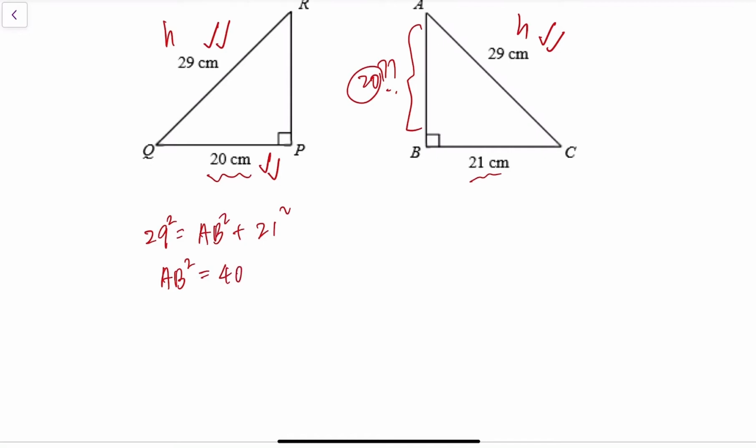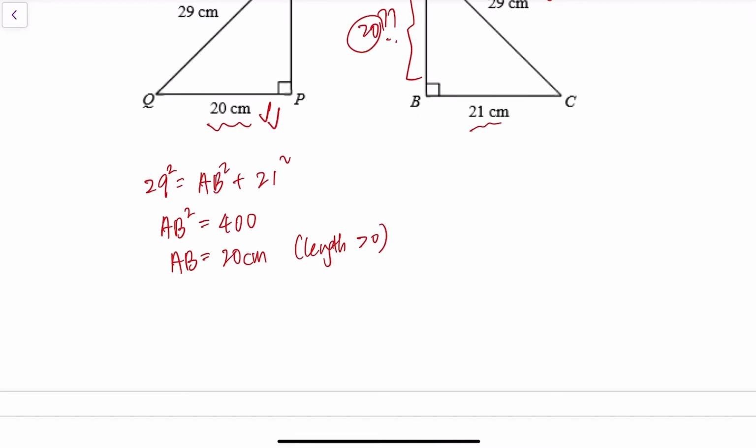You get 400, and AB, you get 20 cm, where your length is always bigger than 0. That's why you can ignore the negative side. So I get my AB is 20. Therefore, I can prove that QP is equal to AB, which is equal to 20 cm. I've proven one side.